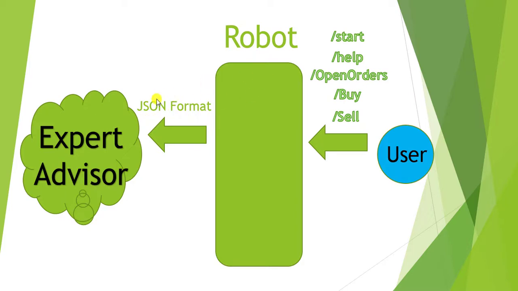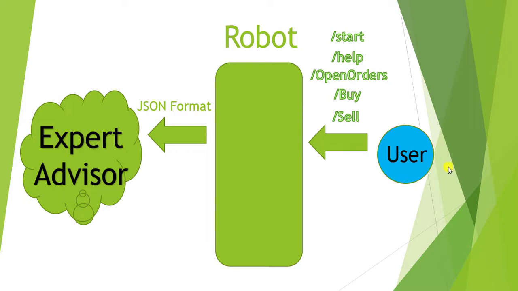What the JSON format actually is is not important for us in this video, but it's important to know that in this JSON format it says that, for example, the command is sell and it has been sent by the user with this user ID. It sends it at that time.